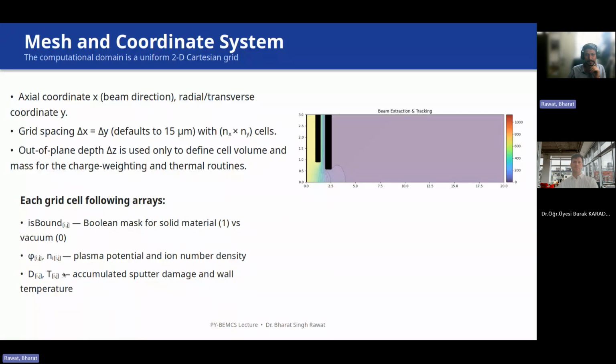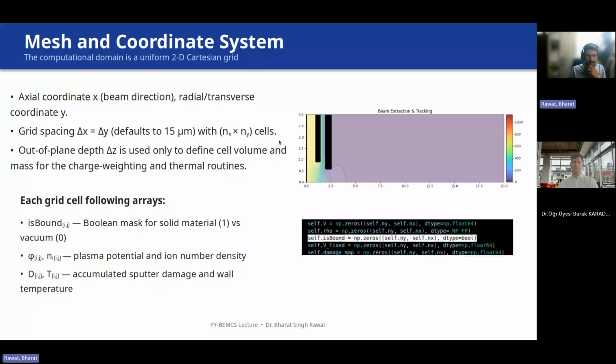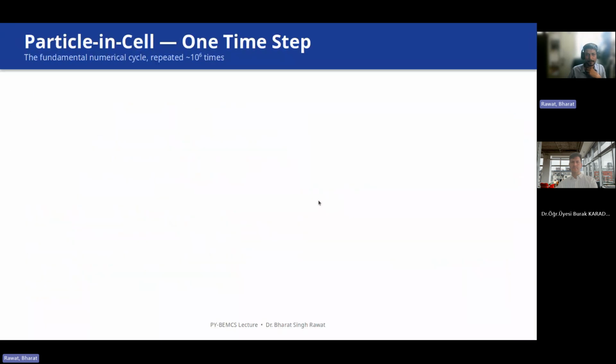And d_ij and T_ij accumulate its damage on the grid and its temperature on the wall. And here in the code you can see the types of arrays that I've defined for V, rho, and is_bound, which is for defining the vacuum and material interface.